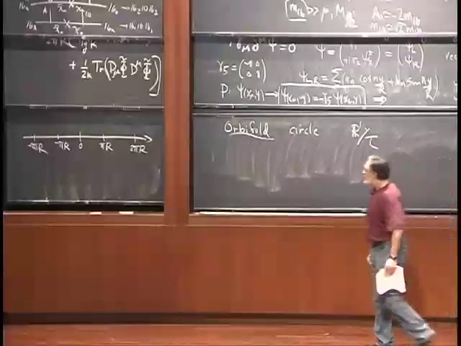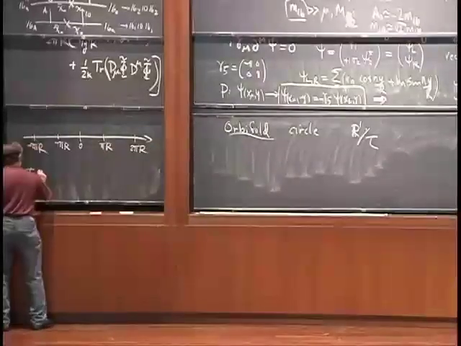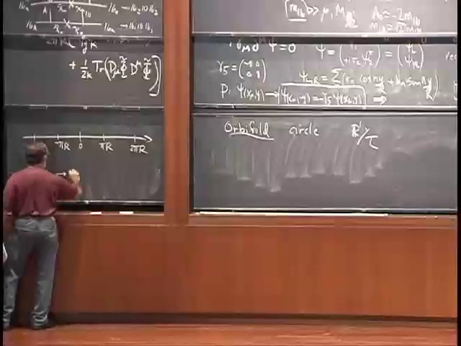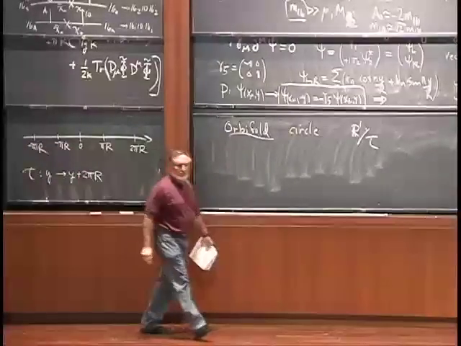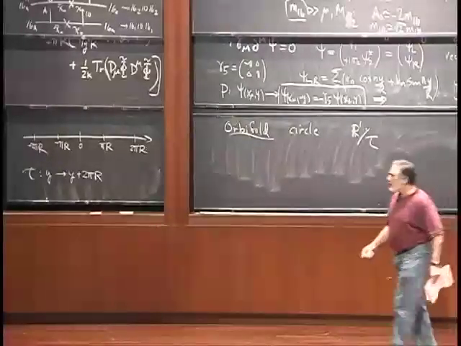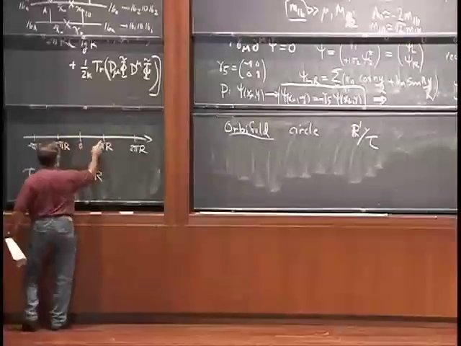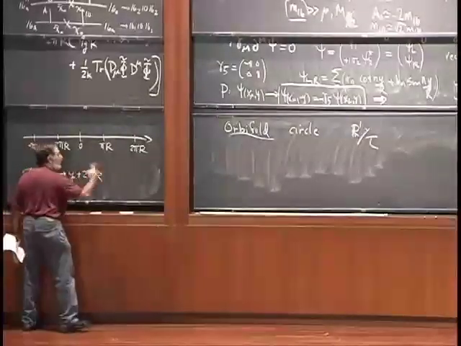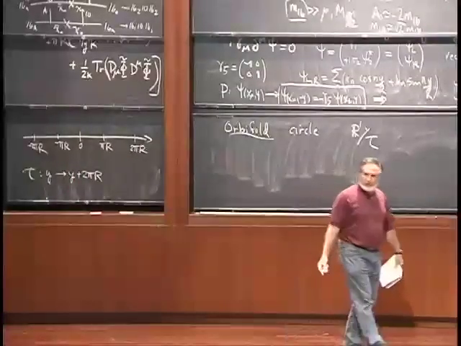And the operation of the translation, T acting on y, takes us to y plus 2 pi r. Okay? If we mod out by that, then anything outside of this domain here, from minus pi r to plus pi r, can be mapped back into the central domain by a translation.